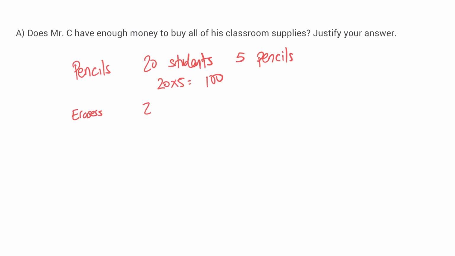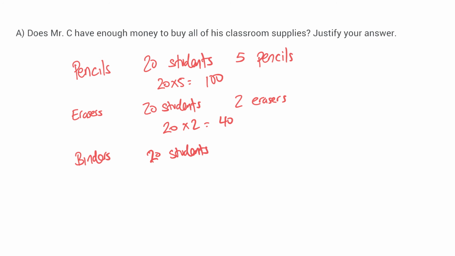We have 20 students, and we need 2 erasers per student. So we need 20 times 2. So we need 40. And then the next, binders, 20 students, and it's 5 binders each. So 20 times 5 again, which is 100.